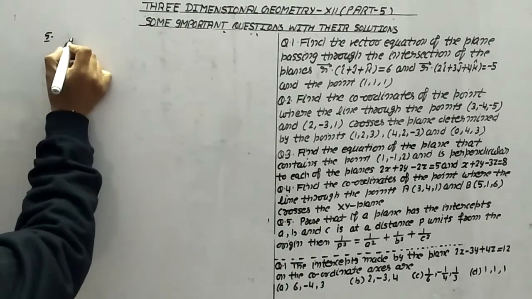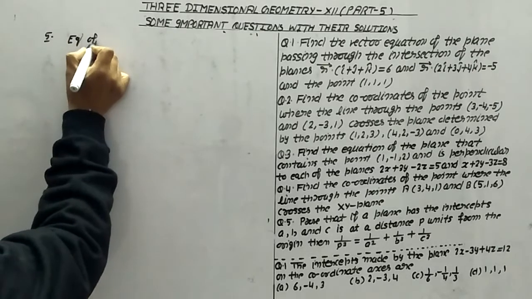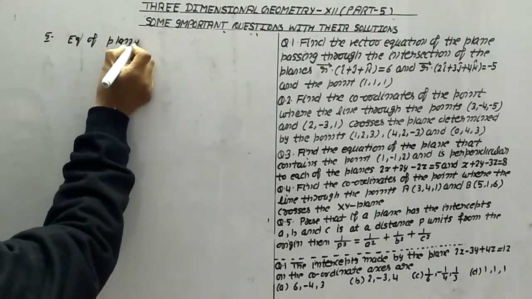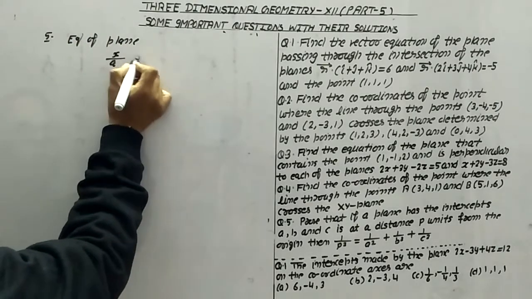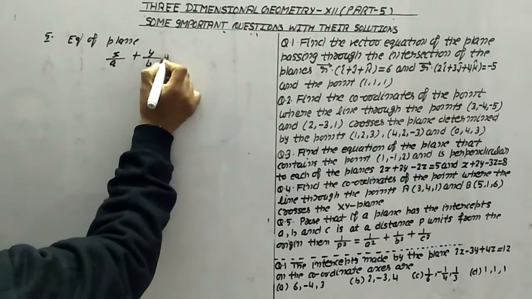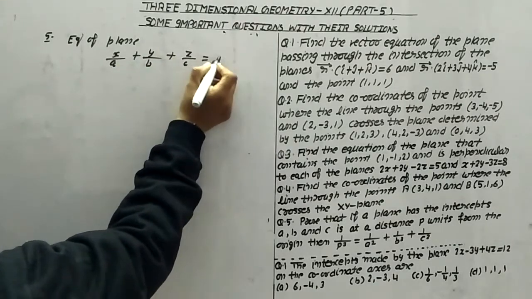The equation of the plane according to the given condition is x upon a plus y upon b plus z upon c is equal to 1.